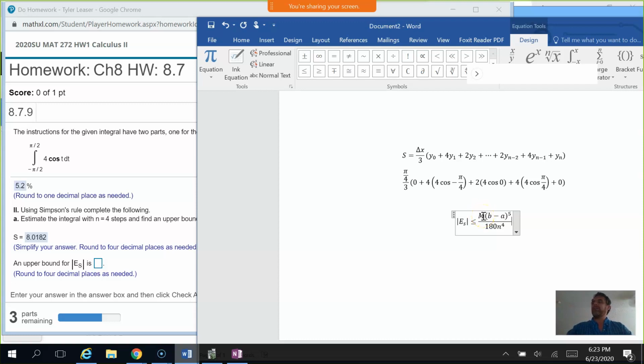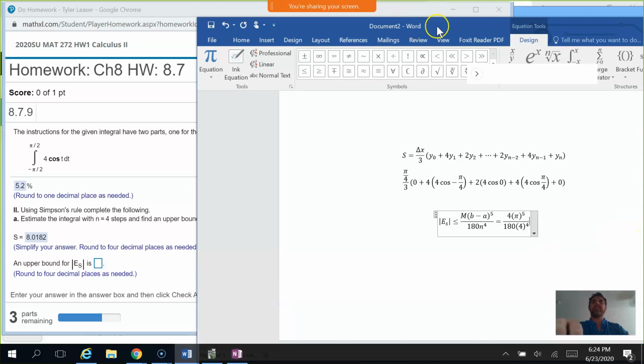The m does not represent the maximum value of the second derivative. This time the m represents the maximum value of the fourth derivative. The fourth derivative of 4 cosine t is just 4 cosine t, which means that the maximum value is still going to be 4. So 4 pi to the fifth, again b minus a is that pi, divided by 180 times 4 to the fourth.